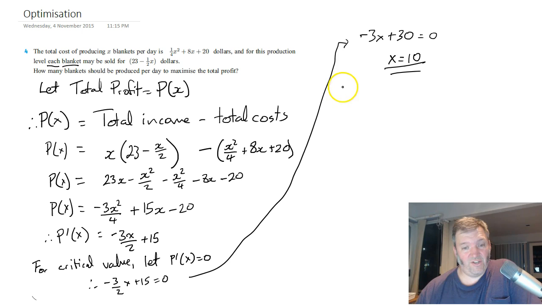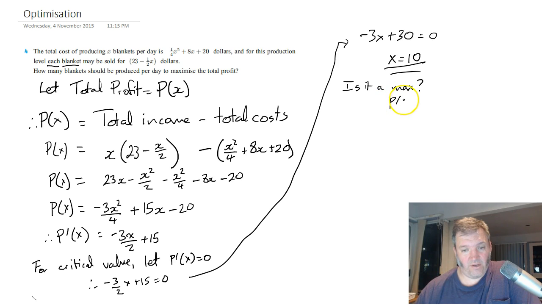You should really check it is a maximum. Is it a maximum? First derivative test, check the derivative just before 10, just after 10, and look at the shape. That's one way you could go. If I did that, the derivative just before 10, so at 8, negative 24 over 2, negative 12 would be positive.